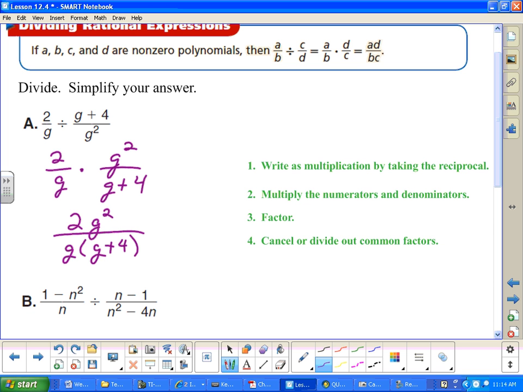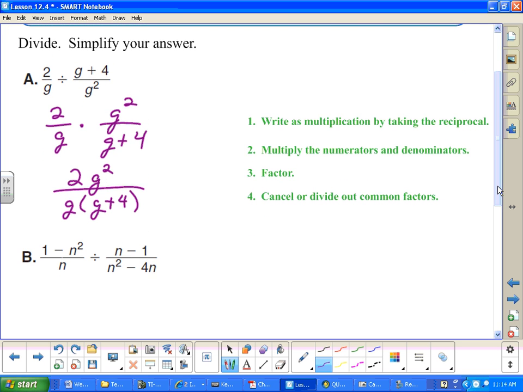Do I have any common factors then? What do the numerator and denominator have in common? Okay, they have the factor of g in common. So that means then we have 1 there, and g goes into g squared, g times, so we still have a g up there.